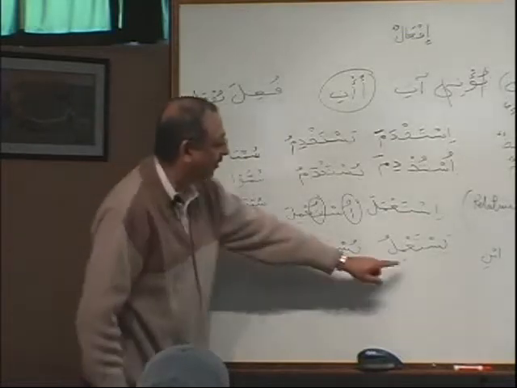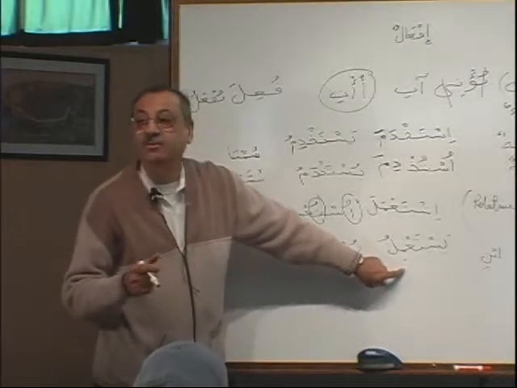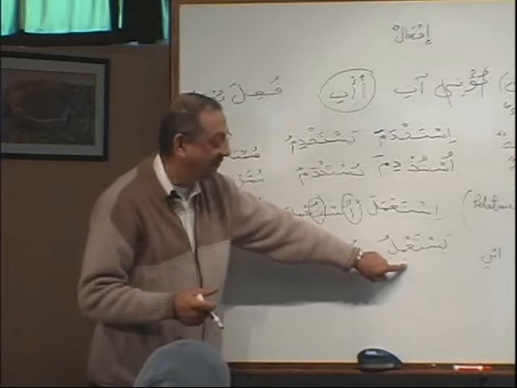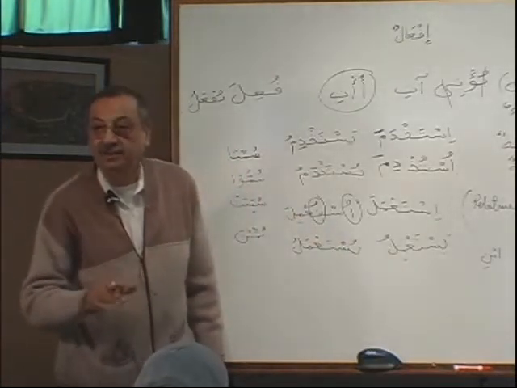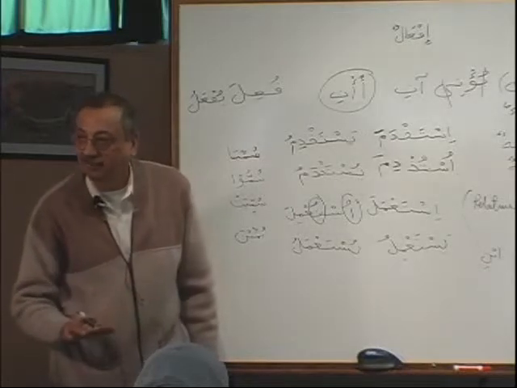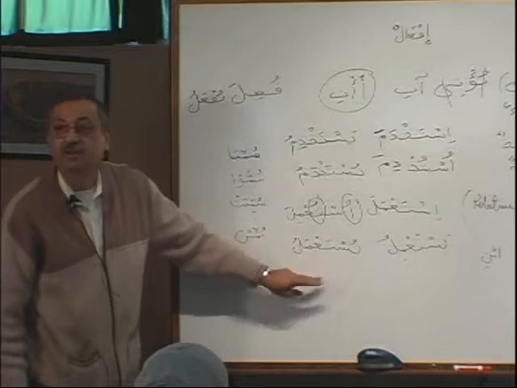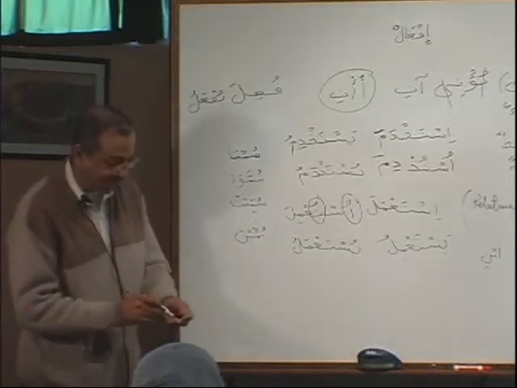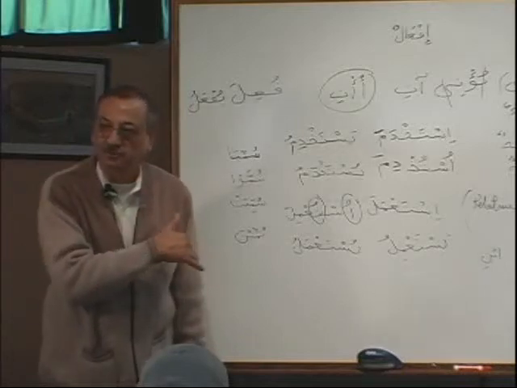Yes, ta'amilu. So first thing is, ya will become yu, and mim will become ma. And if there are any other mutaharik letters, they will get fatha. So it became yus ta'amalu. Please write it.